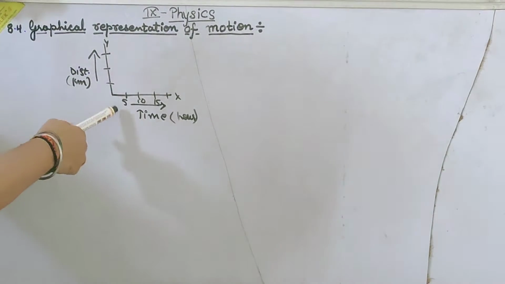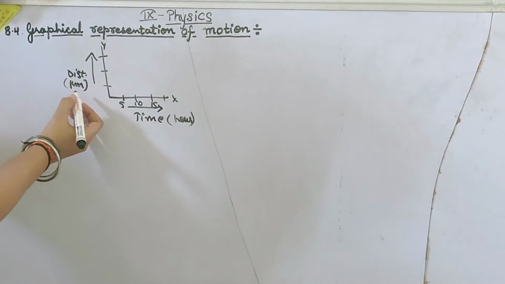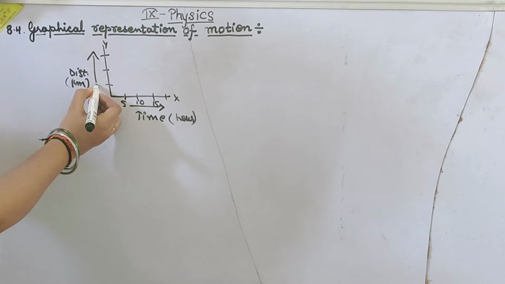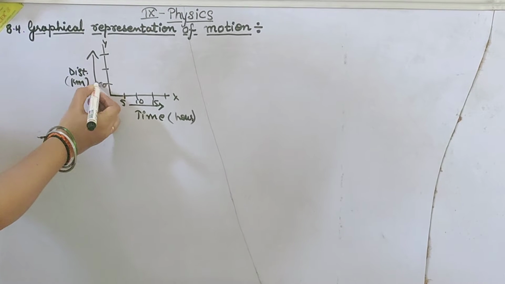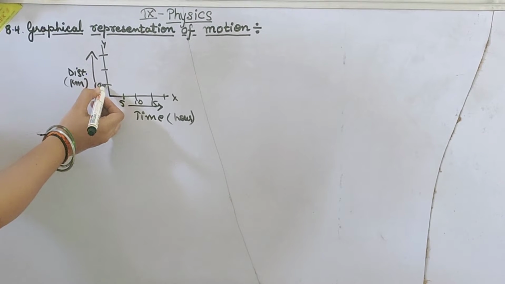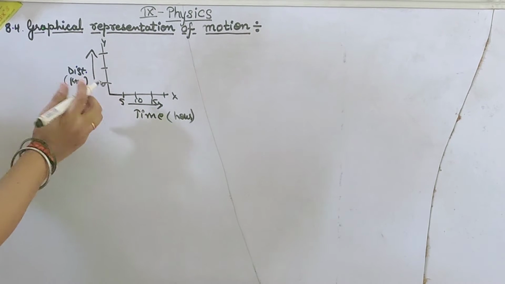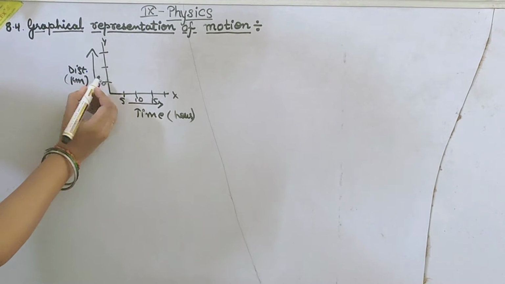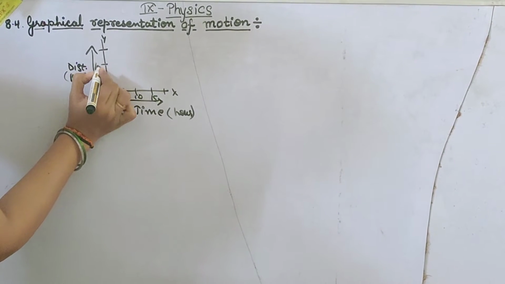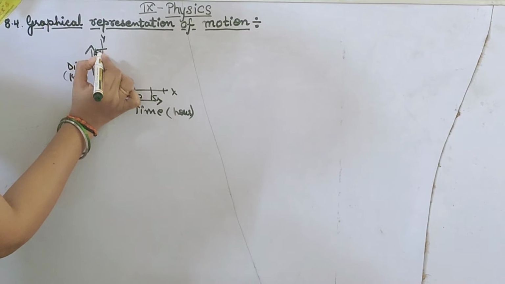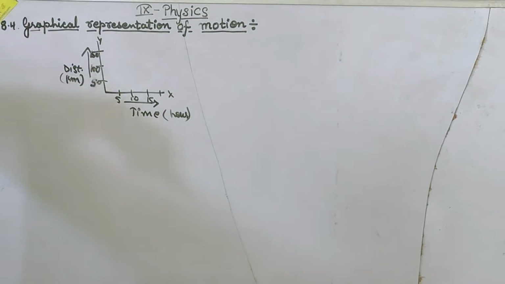So it is like 5 hours, 10 hours, 15 hours. Here we will start from 50 kilometers, then 100, then 150. So here the units are kilometers.